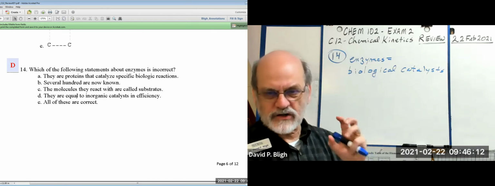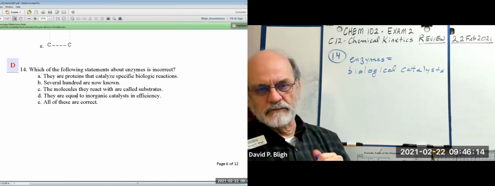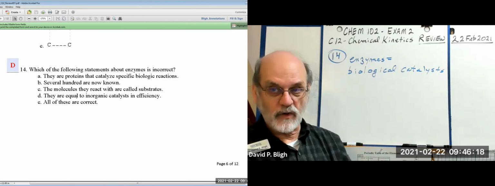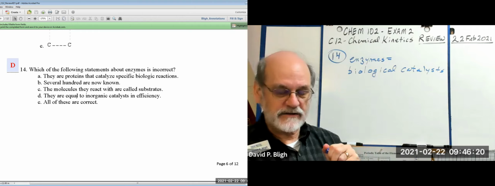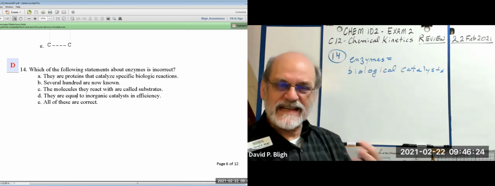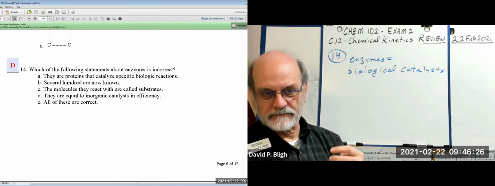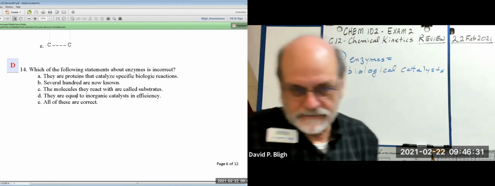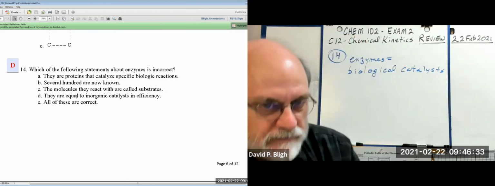They are very efficient catalysts. Whereas inorganic catalysts, you're lucky if you get 5% efficiency out of an inorganic catalyst. Okay, so D is really the only one that's incorrect. A, B, and C are essentially correct with some exceptions.